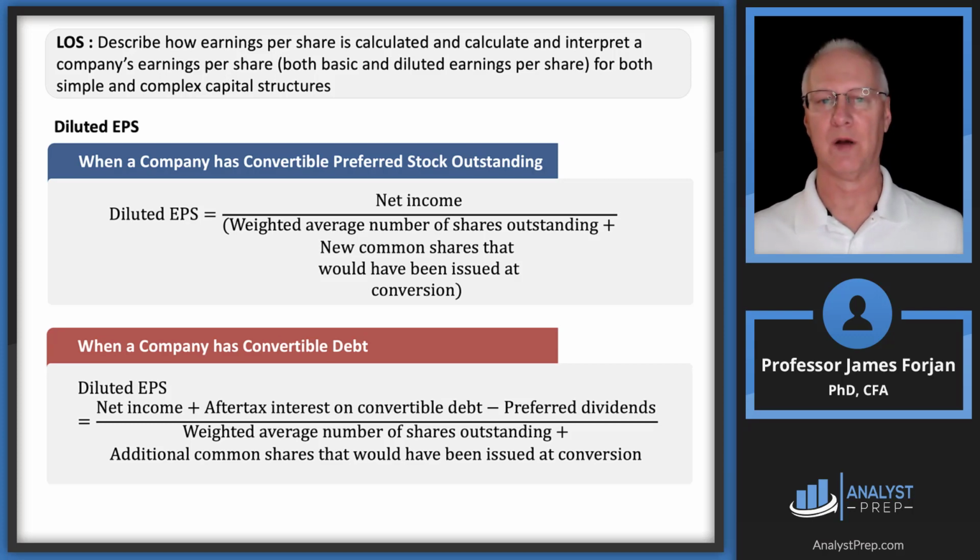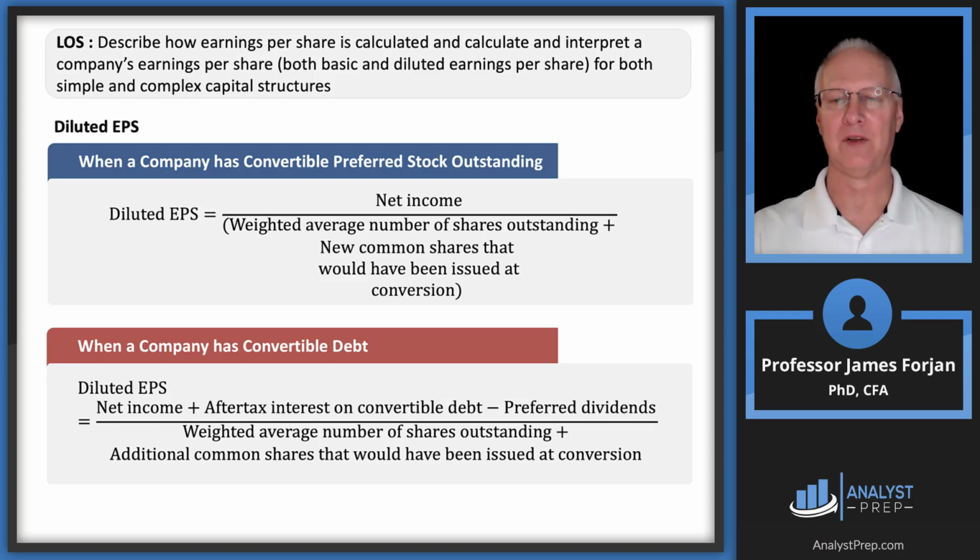What happens if a company has convertible preferred stock? So all we do to get the earnings per share, and notice what we call it, and this is taken right out of the reading, this is called the diluted EPS. So we're going to take the net income. Now this is just with preferred stock, and we're going to divide by the weighted average number of shares outstanding, just like we did before under the simple structure. But then we have to add something. So notice in the denominator, there's a plus sign.